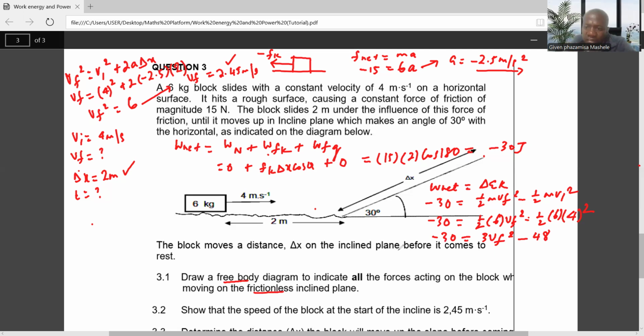It will give us 18. Let's divide everything by 3, and 18 divided by 3 will be 6. You see, when you put the square root sign, it will still give us 2.45. Many ways to skin a cat.